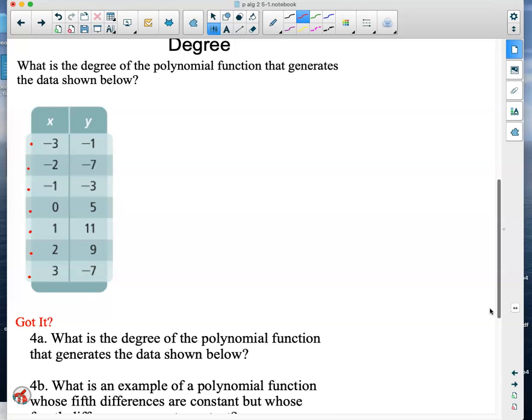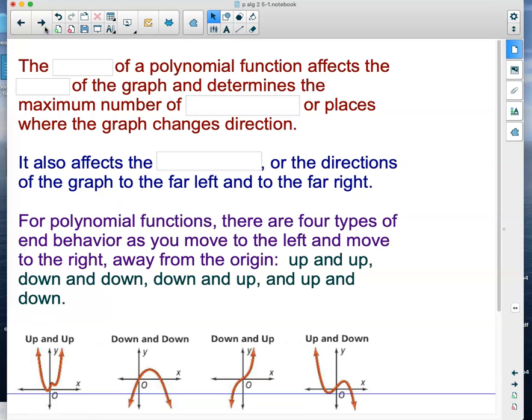So we were using subtraction, and if after the first set of subtractions all of these numbers came out to be exactly the same, it was called a first degree difference, and we could use a first degree, a linear equation to represent that. But if it took 2 sets of subtractions, then it was a second degree, and that was going to be a quadratic, etc. So that was what we did before the break.